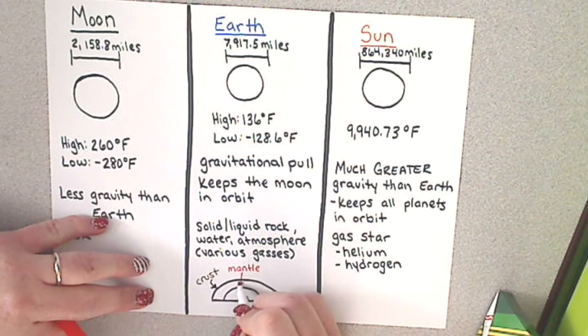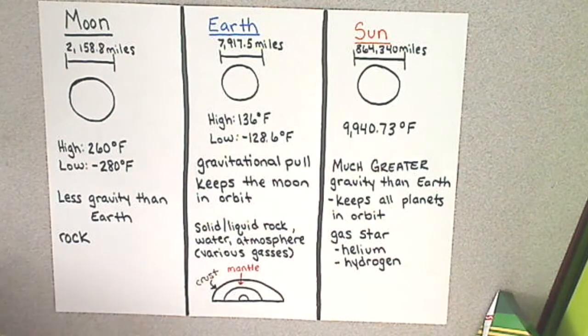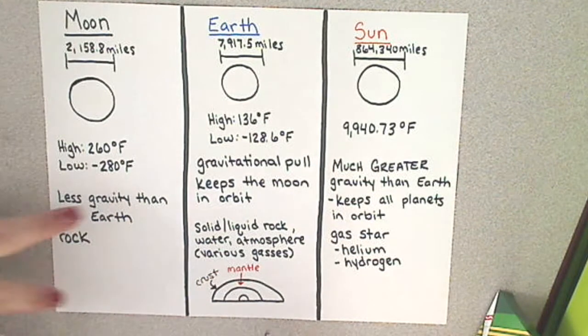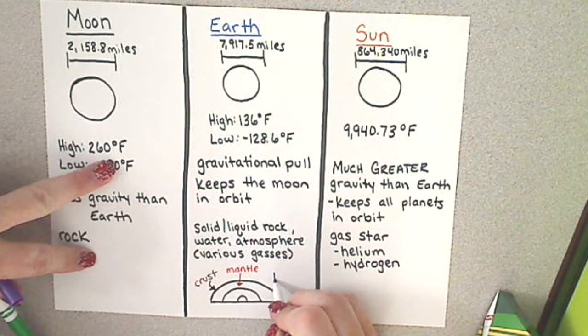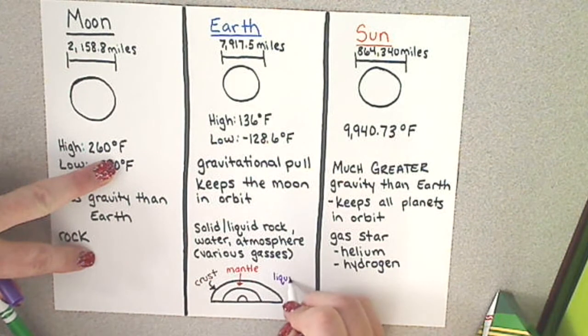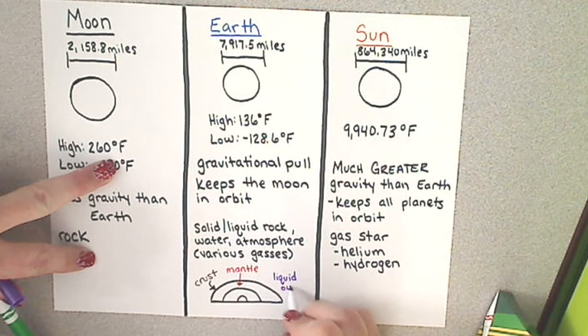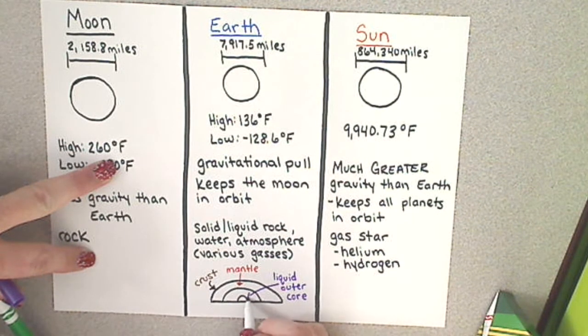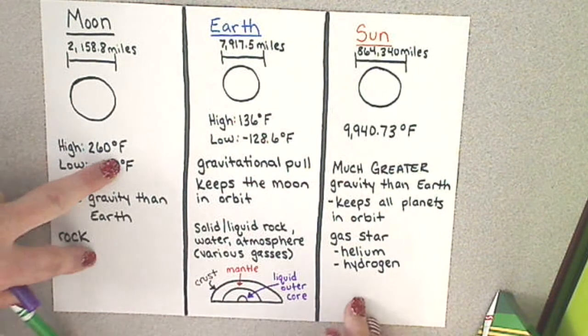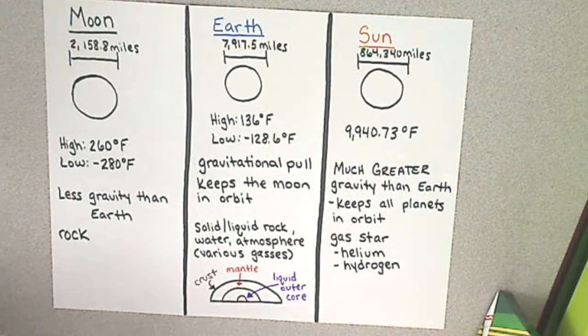And it's this layer in here, followed by the liquid outer core, which, remember, we said that the liquid rock is like magma, lava, melted rock.